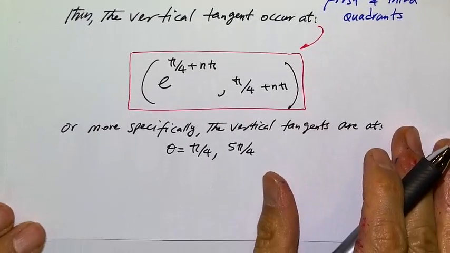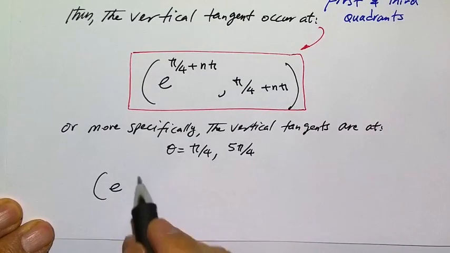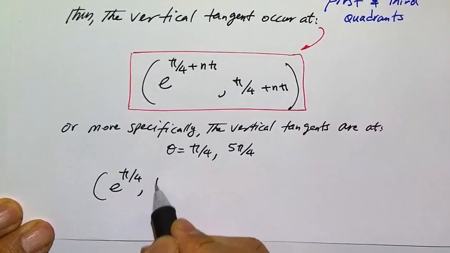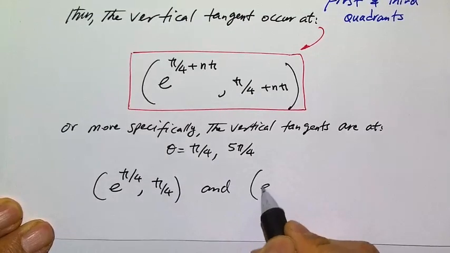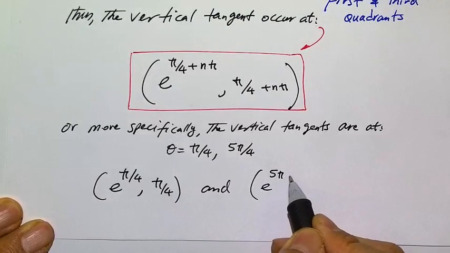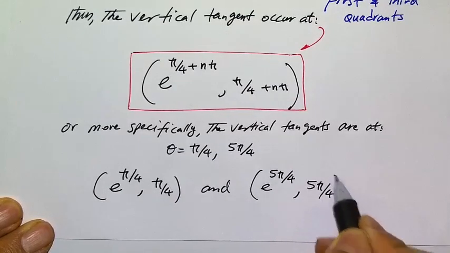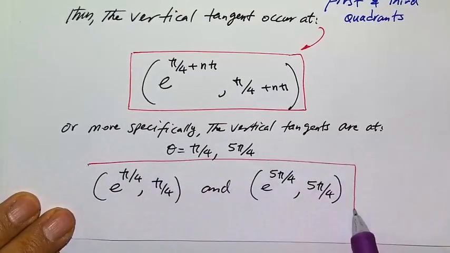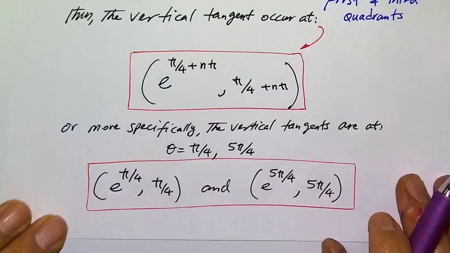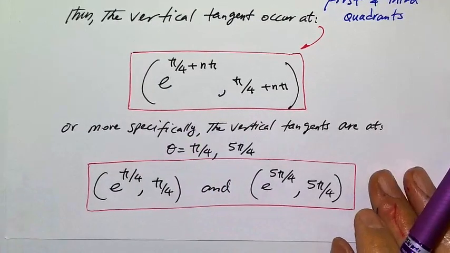So let's write that here: e to pi over 4, comma, pi over 4, and e to 5 pi over 4, comma, 5 pi over 4. So these are specific points on the curve, and that's generally speaking.